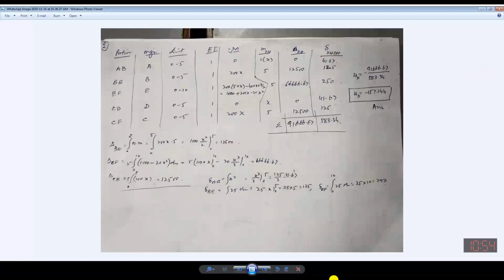Now comes small m for the horizontal at D, and it will depend on the small m moment. It represents that you will be applying the unit load at point D in horizontal direction, and you will look into its effect in terms of moment for every segment.